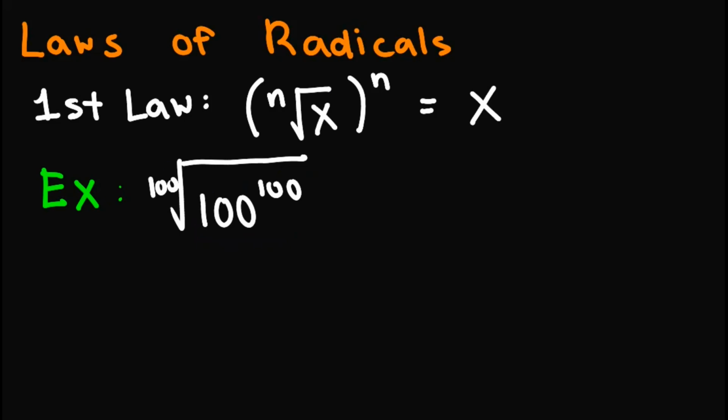But since we have the same index here and the exponent here, we can simply just cancel that one out, and this will become 100. So that is how the first law of radicals works.